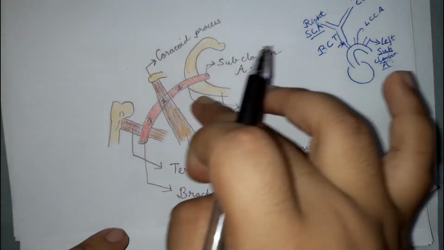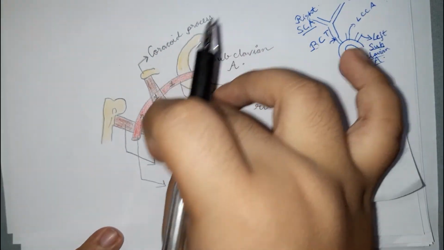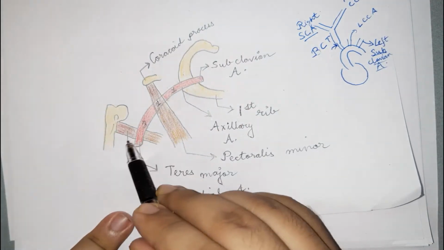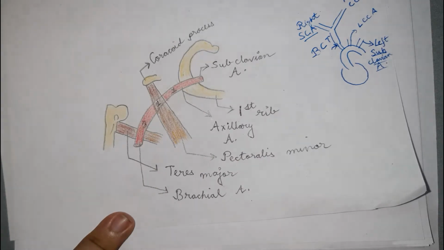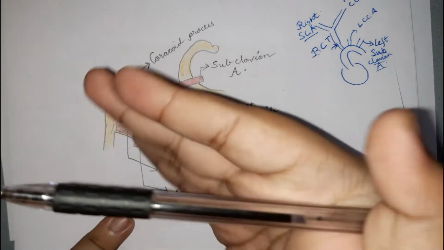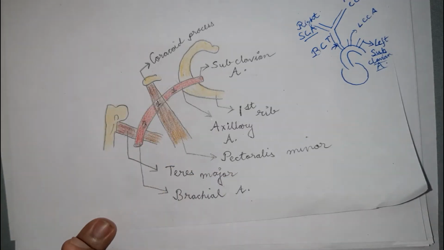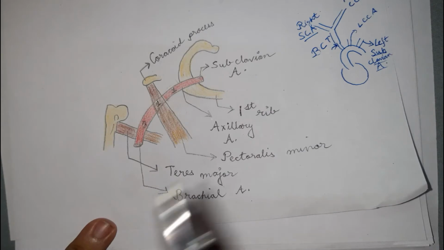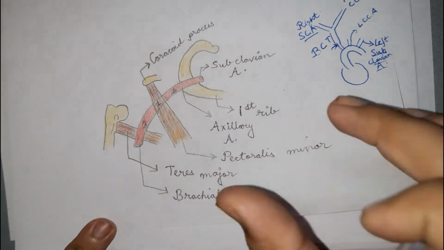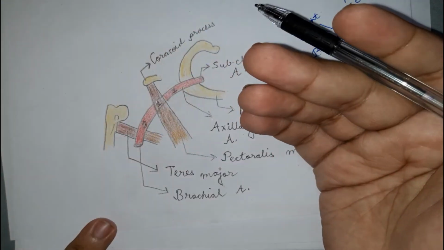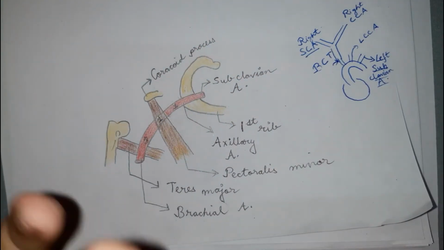Subclavian artery, from the outer border of the first rib onwards, axillary artery, then from the teres major lower border onwards, brachial artery, because now you have officially entered the domain of brachium or arm. That's why brachial artery. So the names are pretty obvious and they are named according to the location. Okay, so that's how you deal with this.